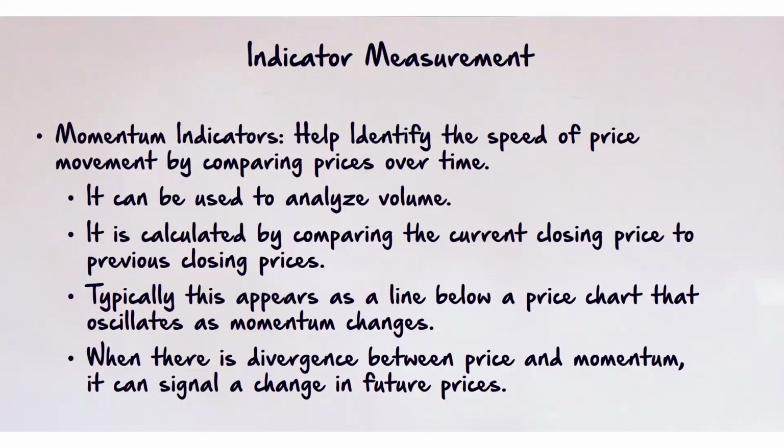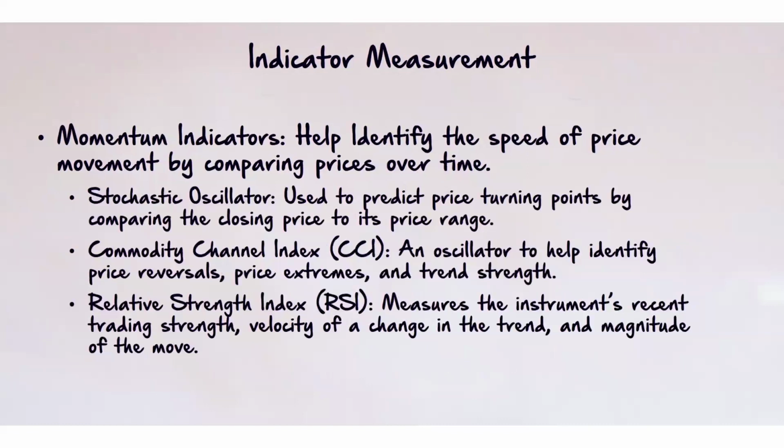It is calculated by comparing the current closing price to the previous closing price. Like I said, the size of the candle is usually bigger. Typically, a volume indicator appears as a line below a price chart that oscillates as movement changes. Then when there's divergence between price and momentum, it can signal a change in future prices.